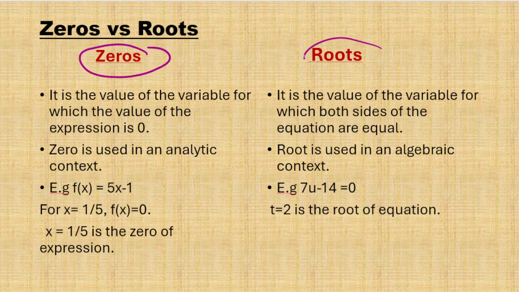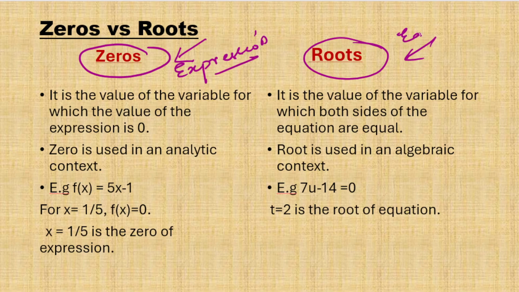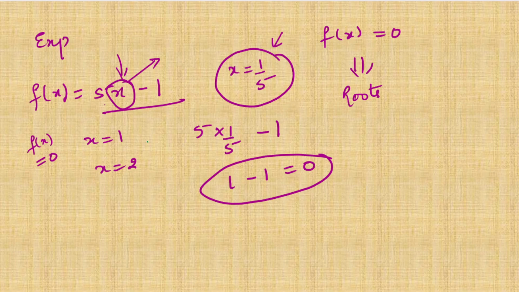Generally we find the zeros for the expression and roots for the equation. This is the basic difference. Zeros are found for the expression and roots are found for the equation.